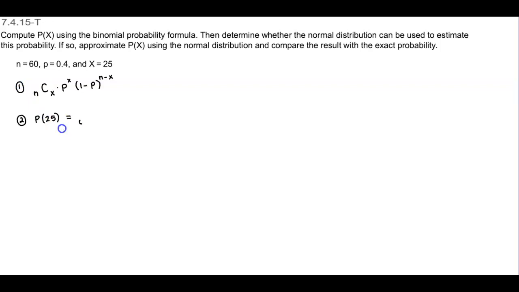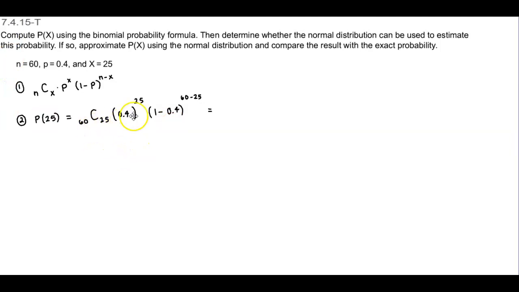We have 60 choose x, which is 25, times the probability, which is 0.4 to the power of 25, times 1 minus 0.4 to the power of 60 minus 25.